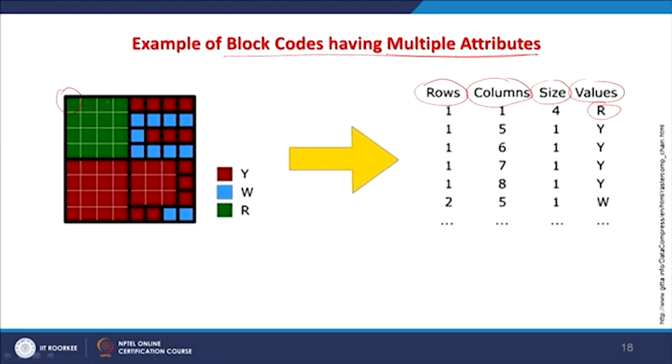It is 4 by 4. So, the origin is given through this row and column, the size is given and the attribute value is given, and this way you can store the entire image, though it may have multiple attributes. Multiple attributes means individual cells or pixels have different values, but still you may find redundancy in block coding by constructing larger squares.